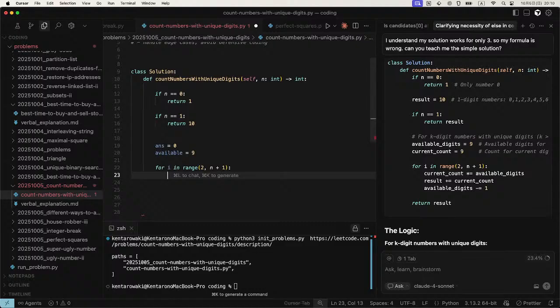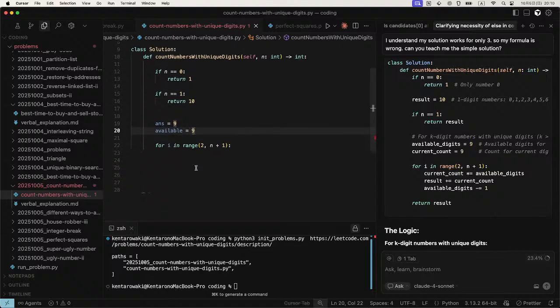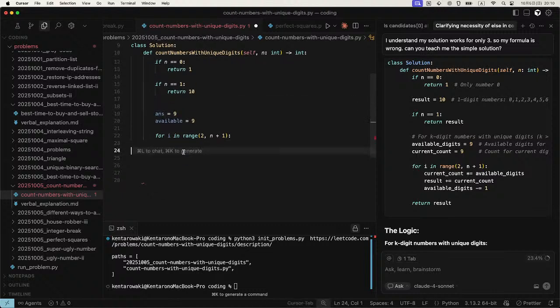The first digit is already selected, so it would be 9 patterns. We can start with 9, and then we choose the second digit, and we can choose 0 to 9.